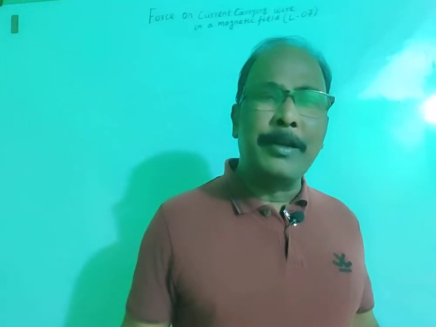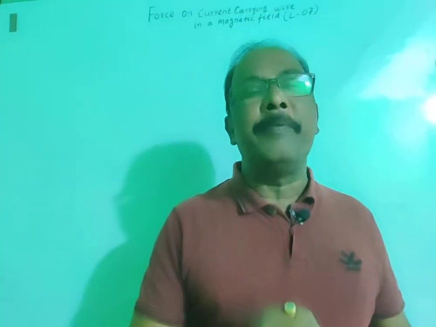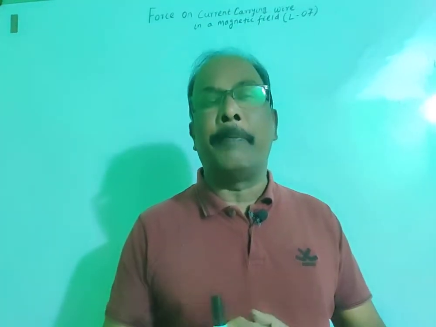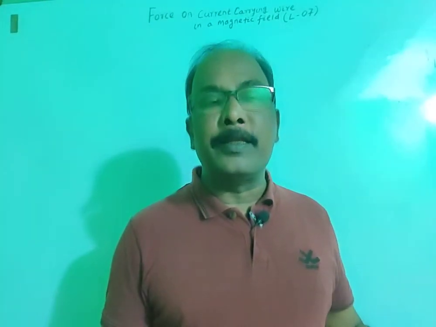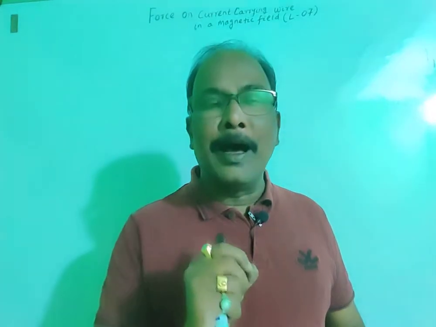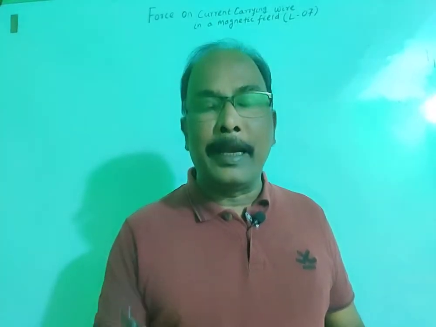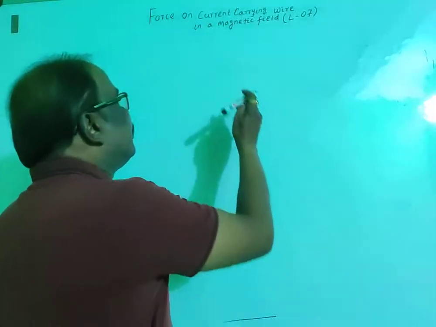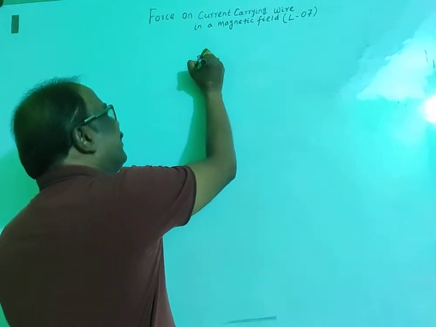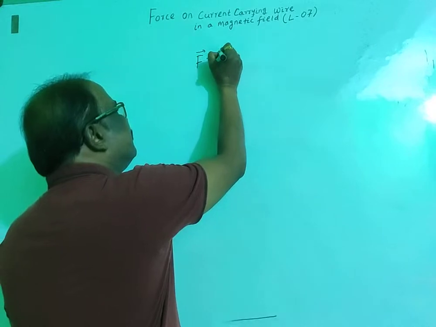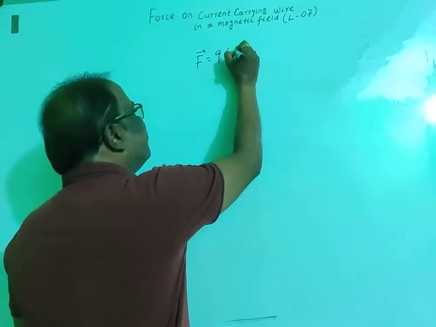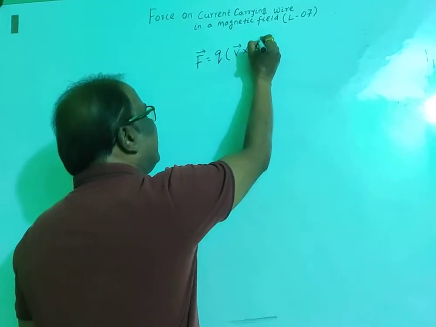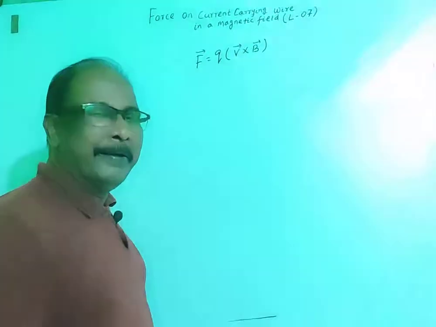It is found from experiment that when a charge moves in a magnetic field, it experiences a force, and the force is given as the magnitude of charge times the cross product of velocity of the charged particle and the magnetic field.